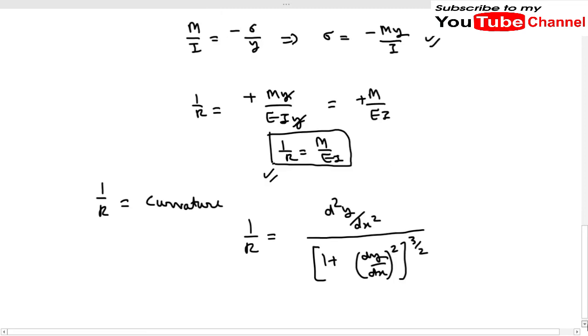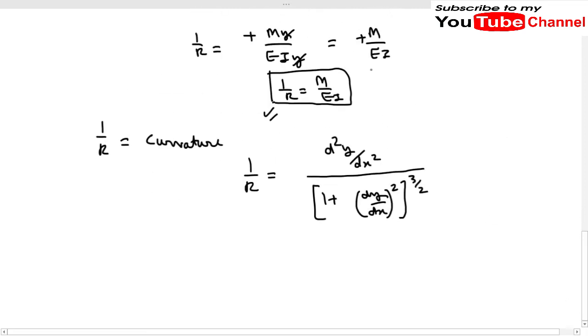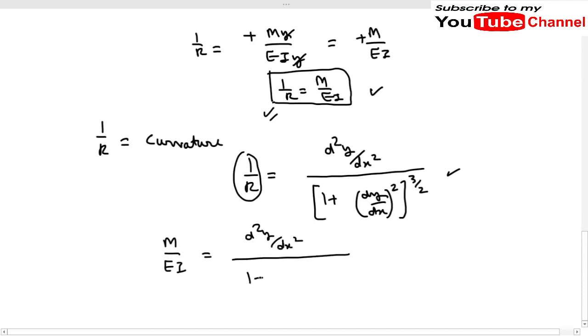Now we have these two equations. We are going to put the value of 1 by r from this equation into the M by EI equation. So M by EI will ultimately become d²y over dx² divided by [1 plus (dy by dx)²] whole to the power 3 by 2.